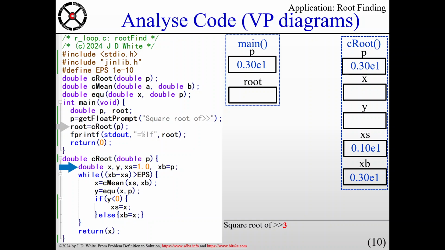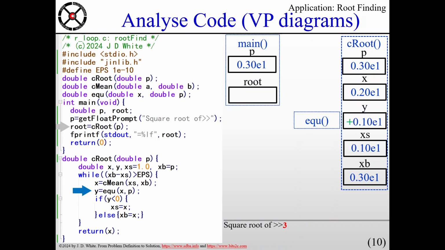Okay, and we'll start the program. It declares x, xs equals 1, and xb equals p. Okay, so we have 1 and 3 in our too small, too big, and we check. Is xb minus xs greater than epsilon? The answer is yes, so we enter the loop. We calculate the mean, which is 1 plus 3, 4 divided by 2 is 2.